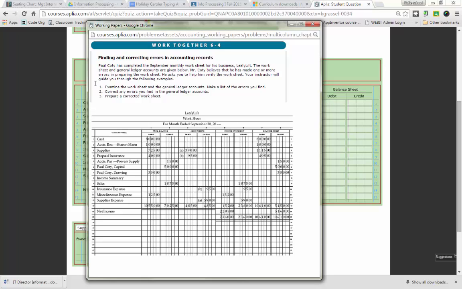But when I look at this, is there a problem with the adjustment that Paul did to supplies? What did he do? He put the adjustments for supplies and protection as a debit rather than a credit. Because again, the purpose of this is to account for things being used up. So instead of debiting those, we need to credit them.